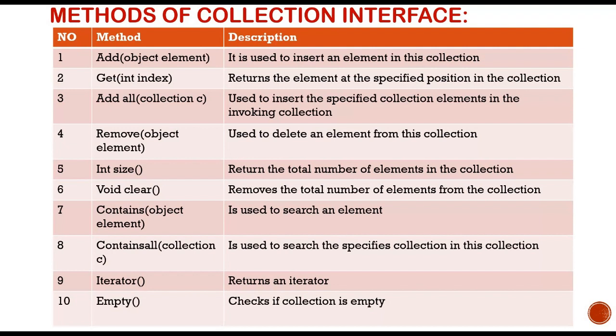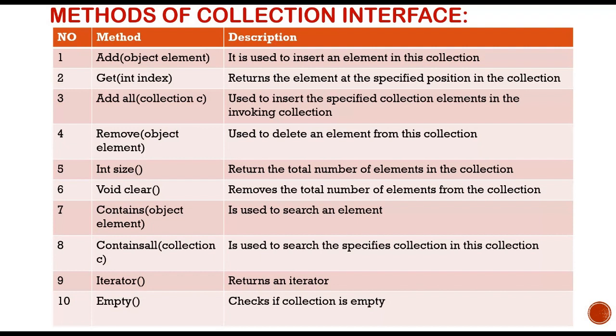Next we have addAll(Collection c), used to insert a specific collection's elements into the invoking collection. get(int index) returns the element at the specified position in the collection. getAll(Collection c) is used to return the elements of a specified collection in the invoking collection.